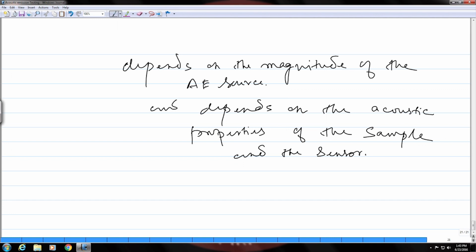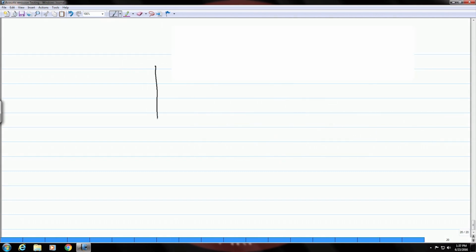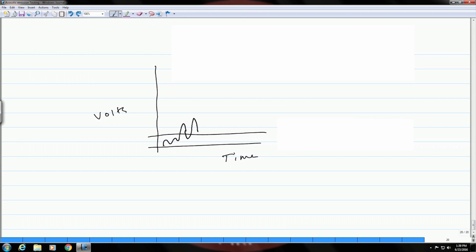So, this is the first parameter that we defined, and the second parameter is known as the amplitude or the peak amplitude. Okay.